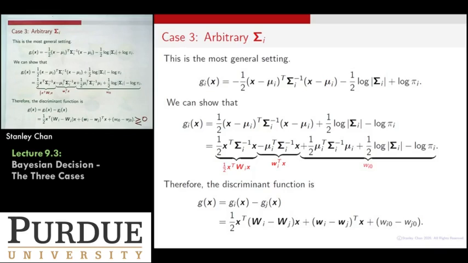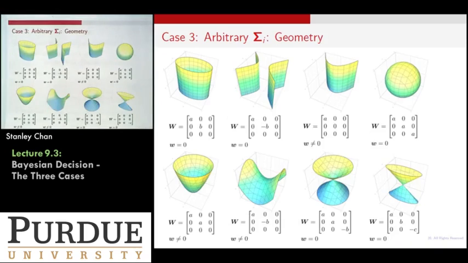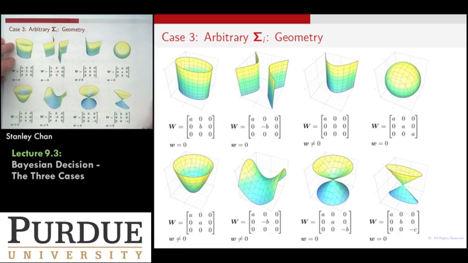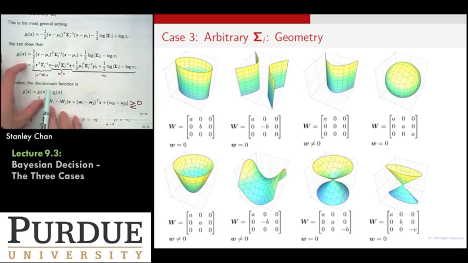You may not get a plane. The decision boundary could be given by a curve. So the geometry will be a lot more complicated. It's not too complicated, but it's complicated. Now, what would be the shape of your decision boundary? It really boils down to the curvature of this matrix.